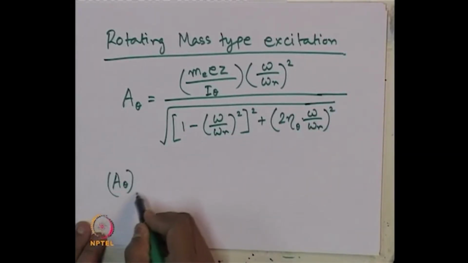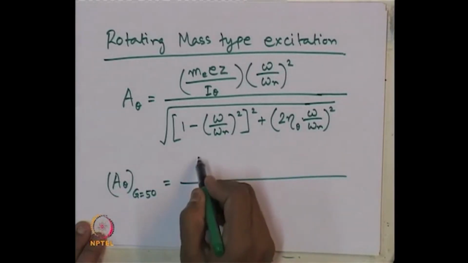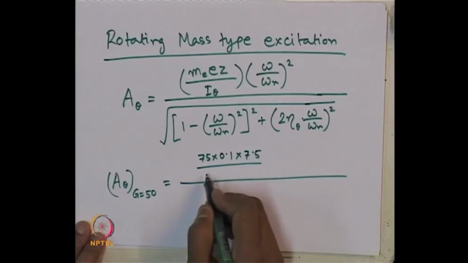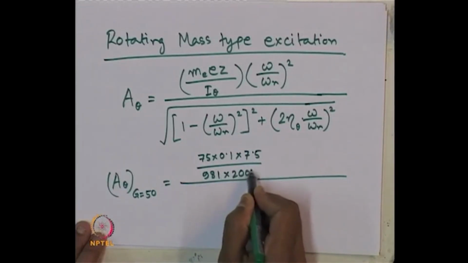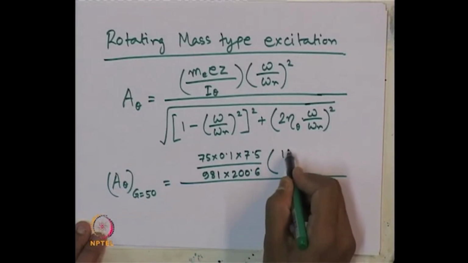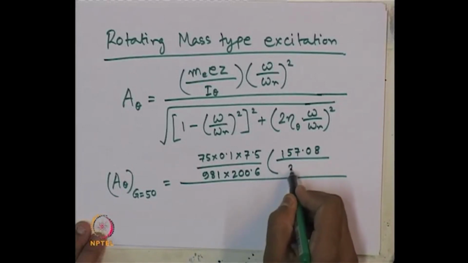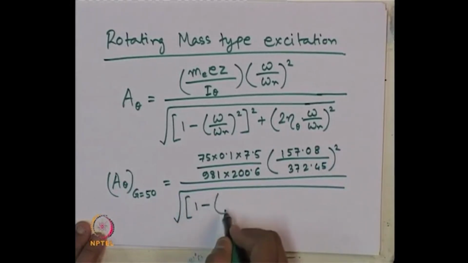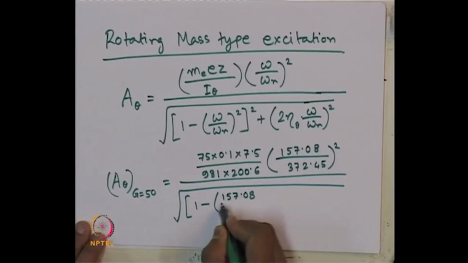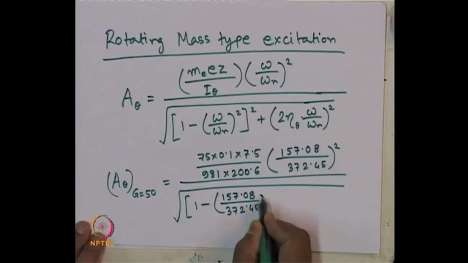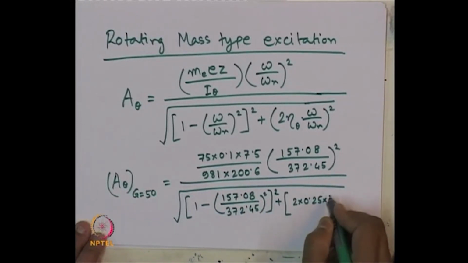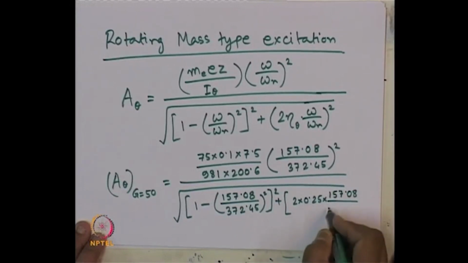So, A theta for the first case with G equals to 50 should be, this is 75.1, 7.5, 981, 200.6, into 157.08 by 372.45 whole square, root over 1 minus 157.08 by 372.45 whole square plus 2 into 0.25 into 157.08 by 372.45 whole square.